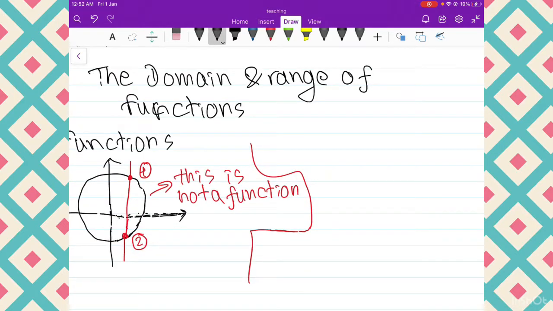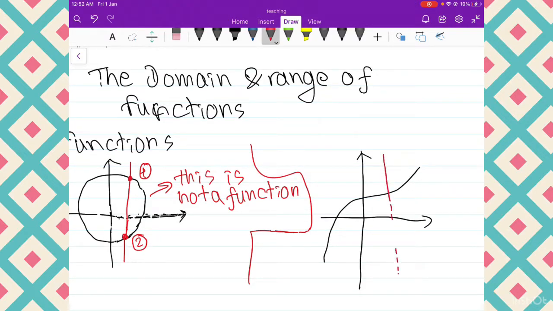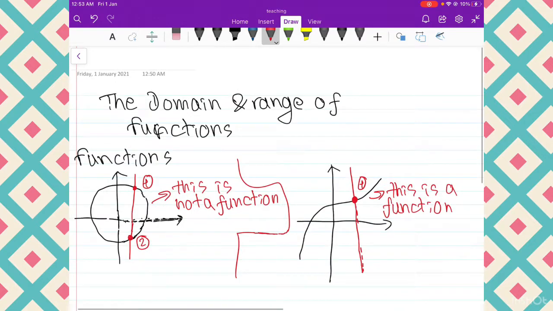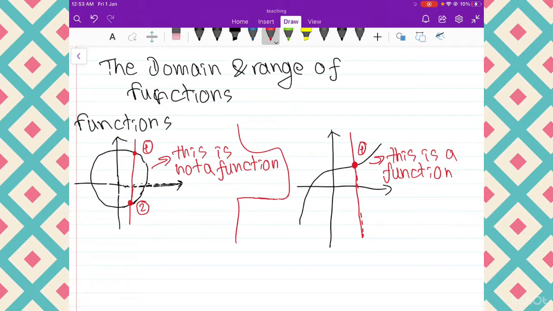So a function, for example, if you draw a vertical line and it intersects only 1 point, let's say this is point number 1, and we can say this is a function. To summarize, if you draw a vertical line and it only intersects the graph at only 1 point, you can make the conclusion that it is a function.